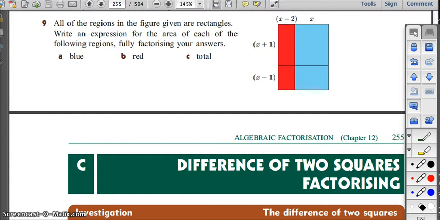We know that the area of a rectangle is length times width. If we had a rectangle where between here and here was 7 centimetres, and between here and here was 3 centimetres, what would be this distance here? Beth? 10 centimetres.